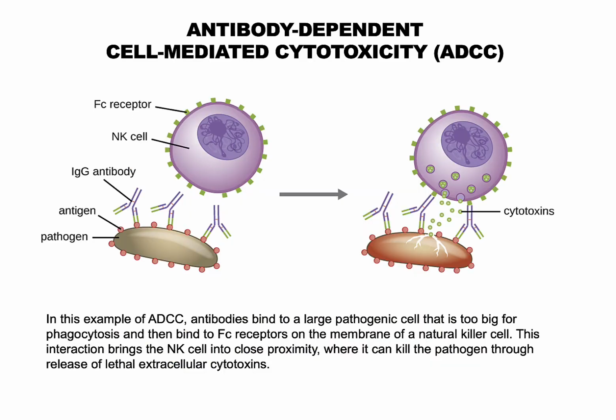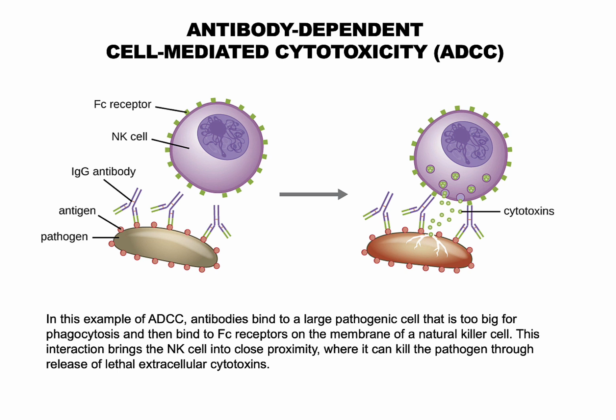Additionally, antibodies are involved in antibody-dependent cell-mediated cytotoxicity, or ADCC, which facilitates the destruction of larger pathogens that cannot be phagocytosed. The process is primarily associated with natural killer cells, but also includes macrophages and eosinophils.